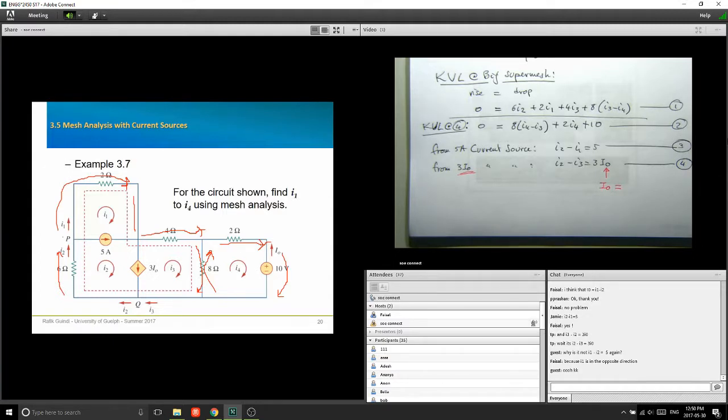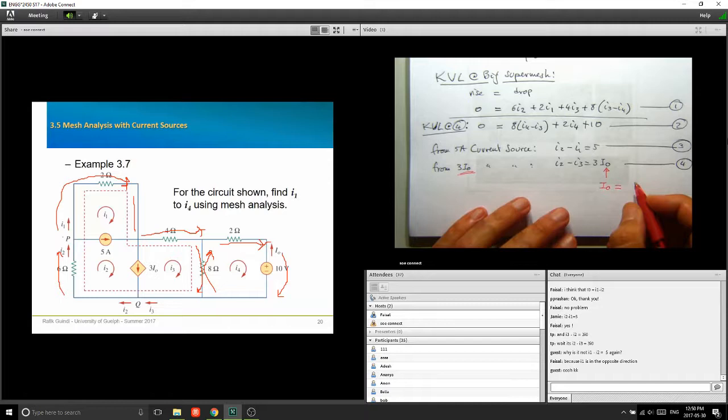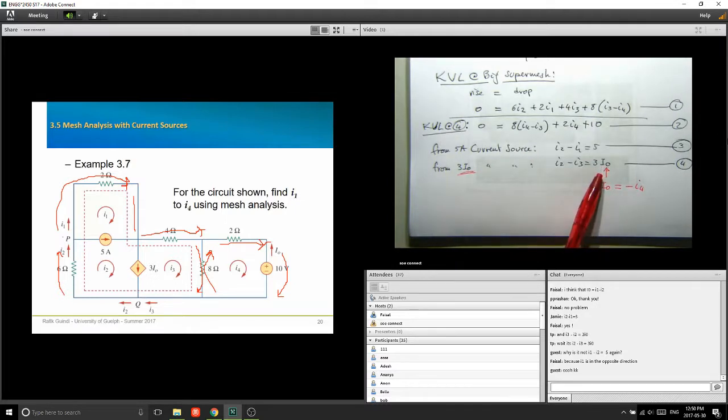I0 is this current flowing through your 10 volts. It's flowing in the opposite direction of your mesh current, but it's equal to the mesh current. So I0 is equal to negative I4. Okay, so you plug that in here, and you have 4 unknowns.